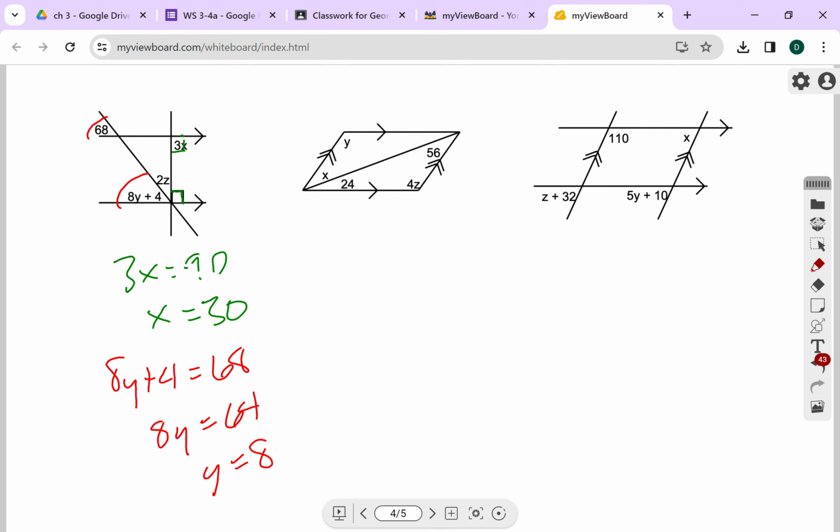Otherwise, now that I have that 68 in place down here, I should be able to see that, however I want to look at it, 2z plus 68 plus the 90 would be 180. But I also know that 2z plus 68 would be 90. Both sides of that would have to be perpendicular. So however you want to start it doesn't really matter.